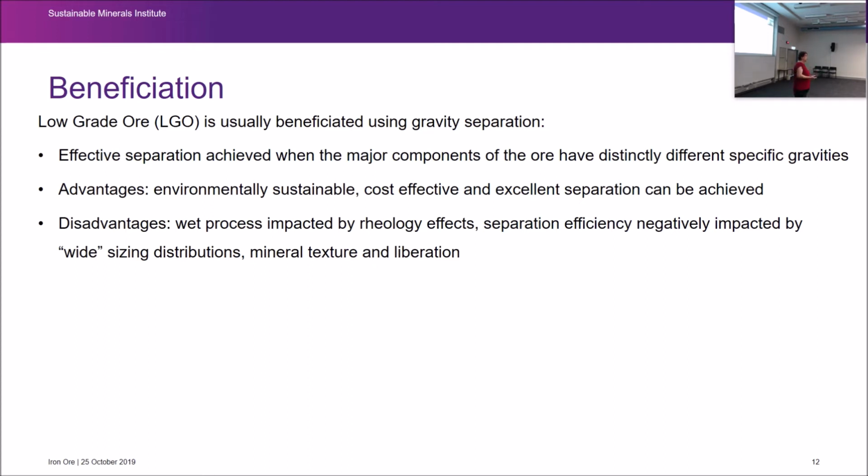Some of the drawbacks of this process, though, is that it is a wet process. It uses quite a bit of water, and it is impacted by rheology effects. The separation efficiency is very dependent on your mineral texture, the liberation, and your sizing distribution that you're feeding to these units.